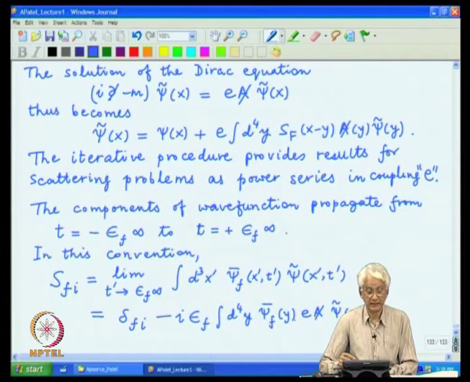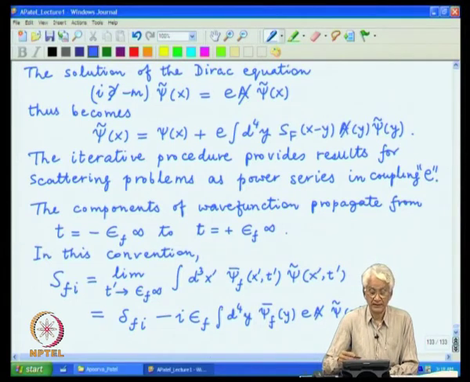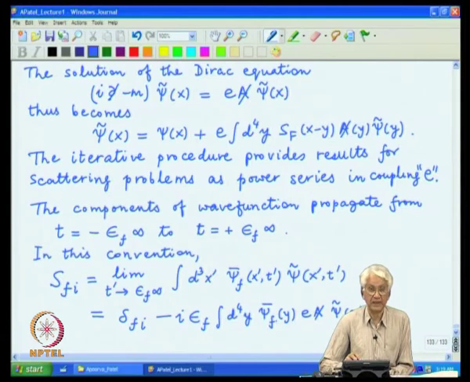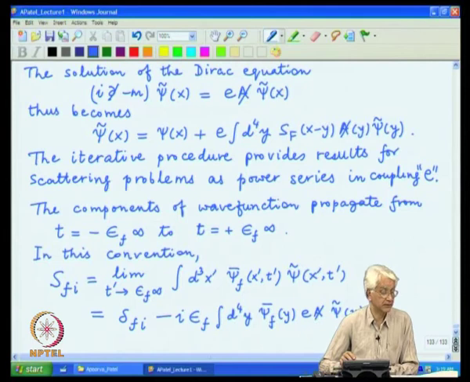The extra sign of epsilon f is a result of using this propagator S of x minus y together with the buried factor of gamma 0, which is part of psi f bar. This is again a formal expression. If you can calculate this kind of overlaps, you will be able to calculate the scattering matrix element.